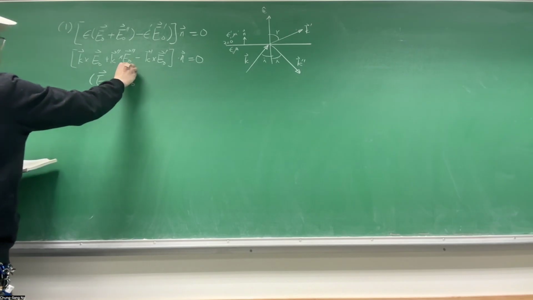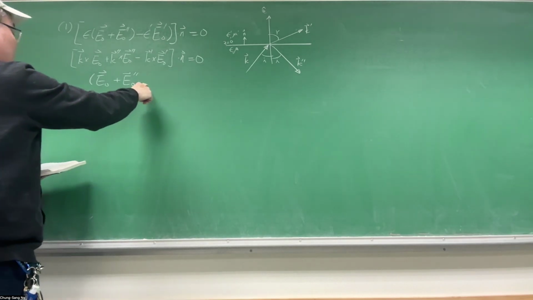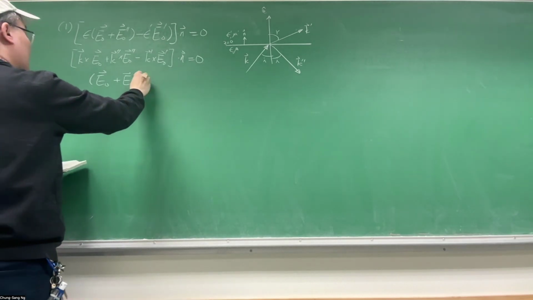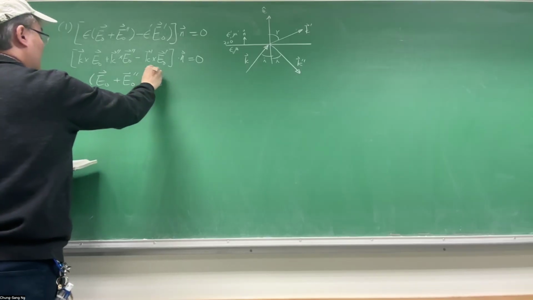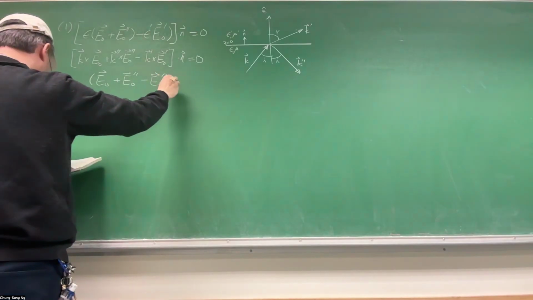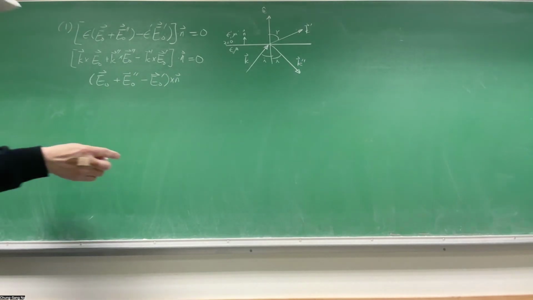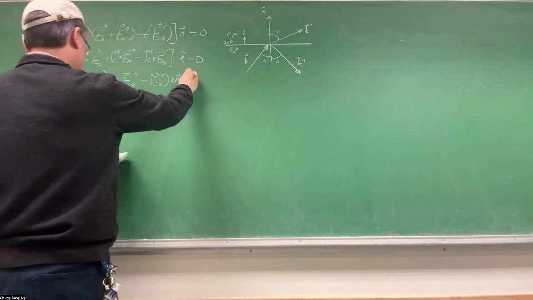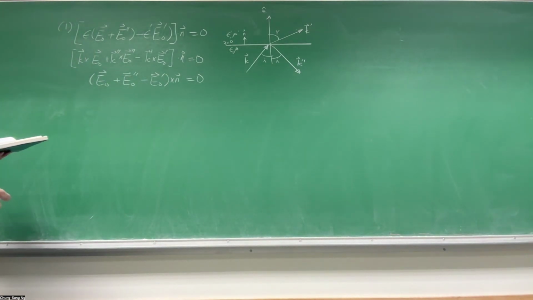The goal is to solve E prime and E double prime in terms of E, so the refracted and reflected amplitudes in terms of the incident amplitude. Obviously, these are linear equations, so they are just proportional. So only the ratio is important.